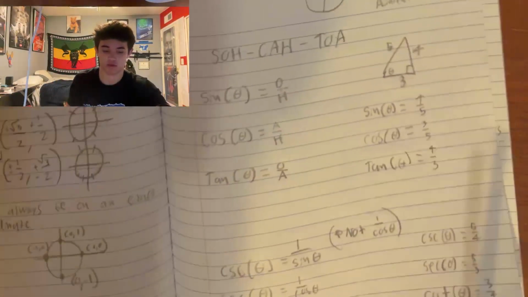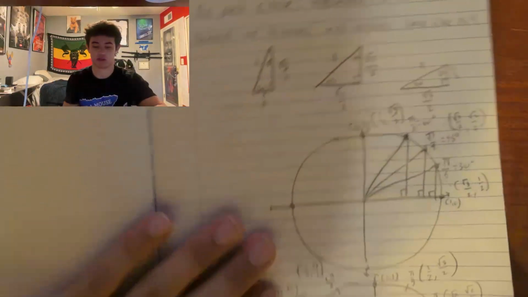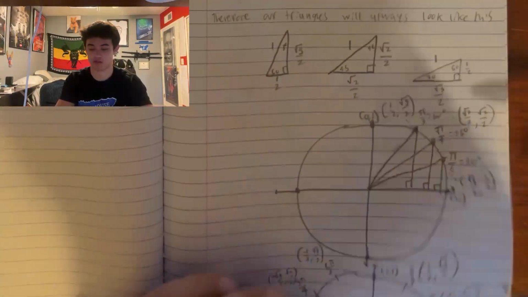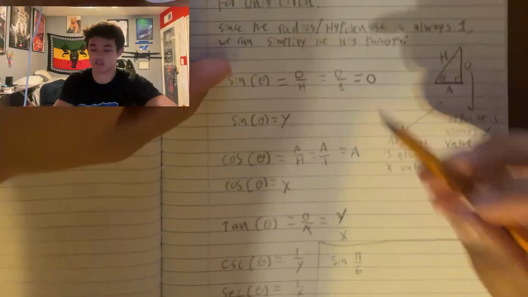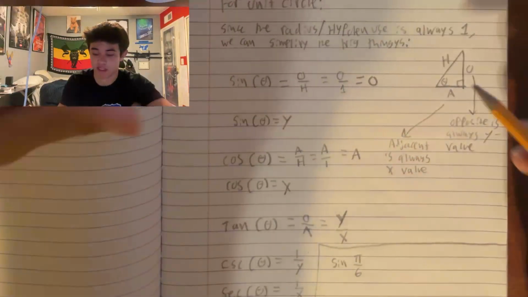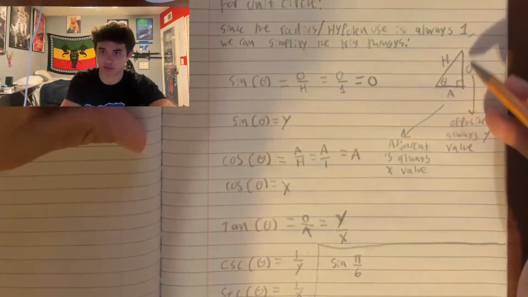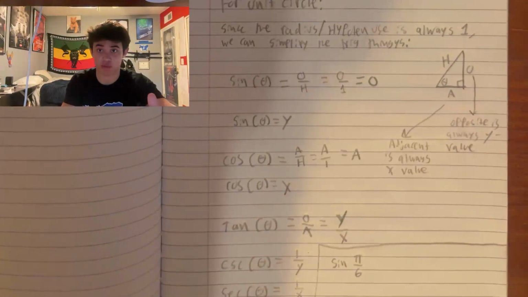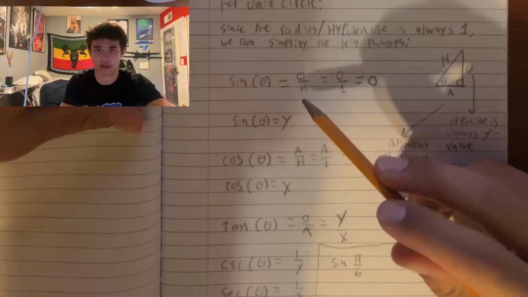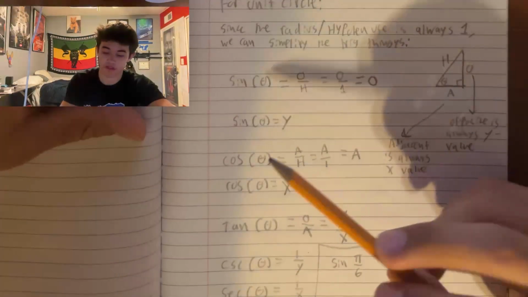For example, let me pull it up real quick. This is always going to be 1. Hypotenuse always 1. So this is just opposite over 1, which is equal to opposite. And since the opposite side is how much we're going up, that's always just going to be the y value.